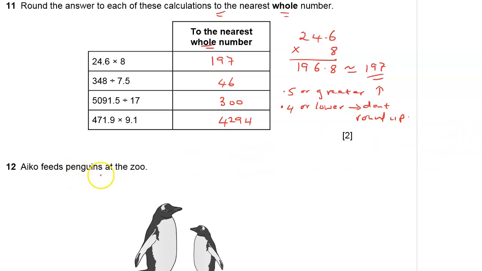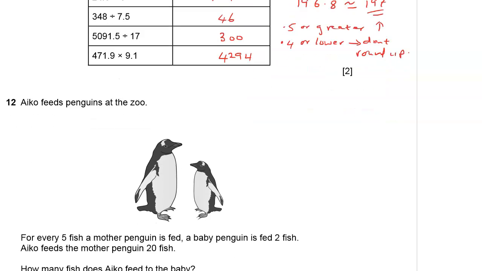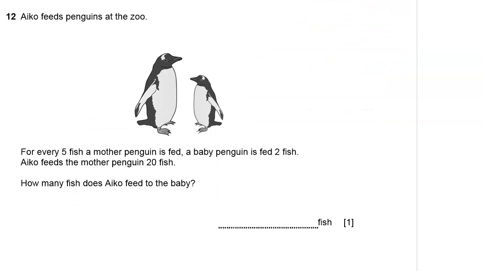Number 12. Aiko feeds penguins at the zoo. I've got 2 penguins there. For every 5 fish a mother penguin is fed, a baby penguin is fed 2 fish.